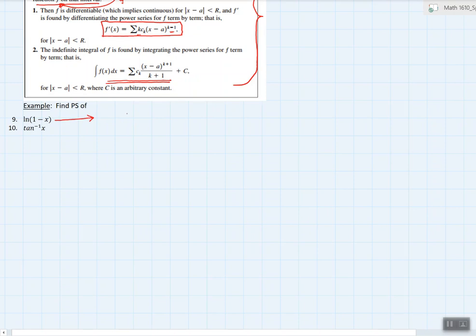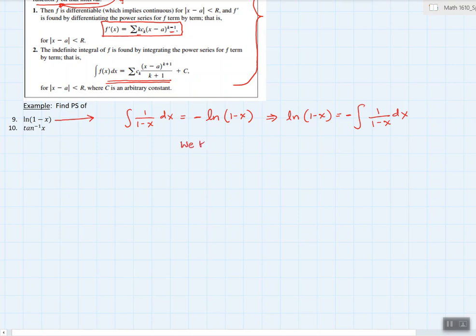Observe one thing: if I integrate 1 over 1 minus x, then I get negative ln of 1 minus x. That's a simple u substitution. So this implies that log of 1 minus x is minus the integral of 1 over 1 minus x dx.